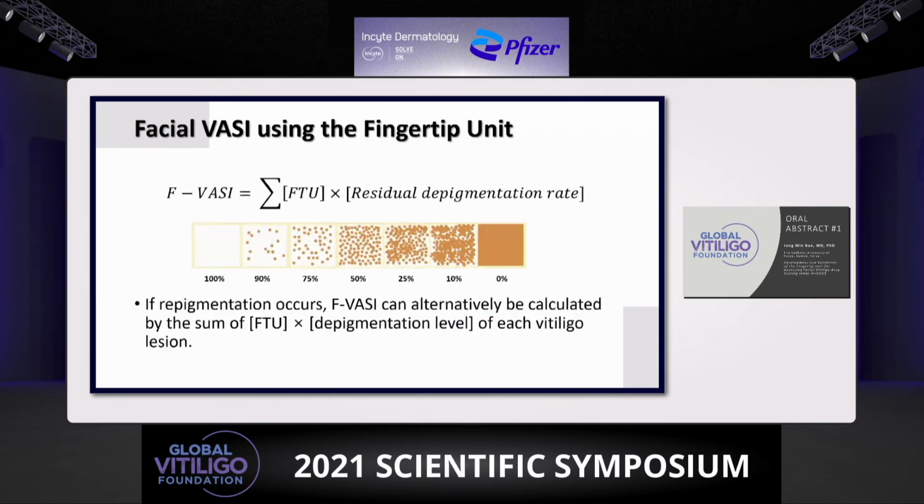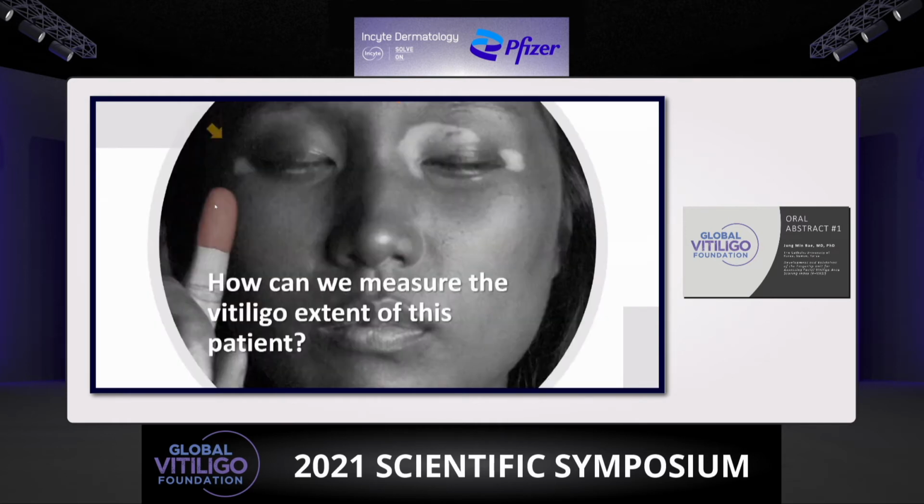If repigmentation occurs, facial VASI can be calculated by the sum of the product of the fingertip unit of each patch and the depigmentation level. The depigmentation level can take a value from 0 to 1, either by a rough estimate or by selecting the most similar one from the reference images.